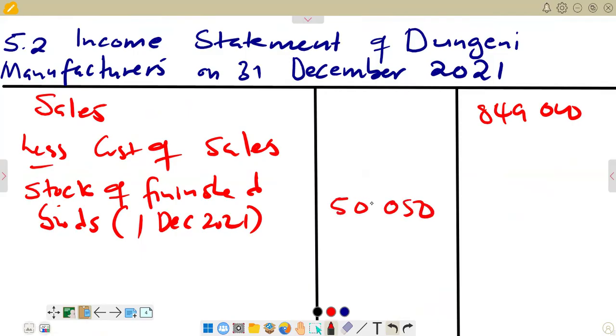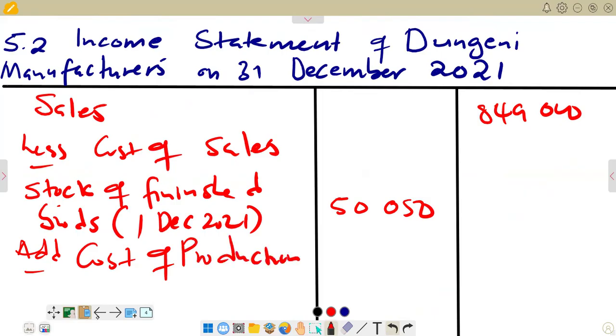After that, remember, if it's a trading account, we are supposed to have purchases here. But this is not a trading account, it's a manufacturing business. So in a manufacturing business, we are going to replace the figure for purchases that we put in a trading account with our cost of production. So here we add cost of production.